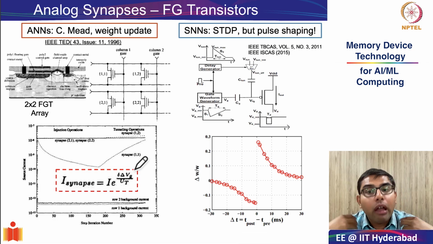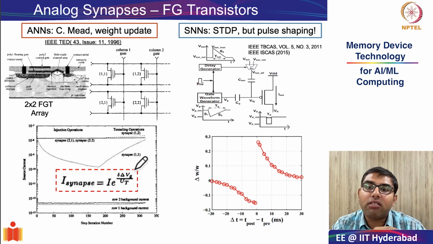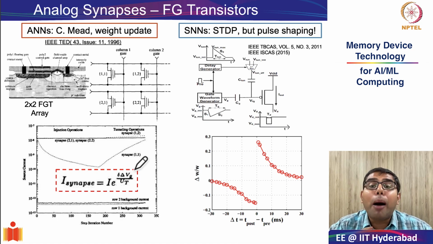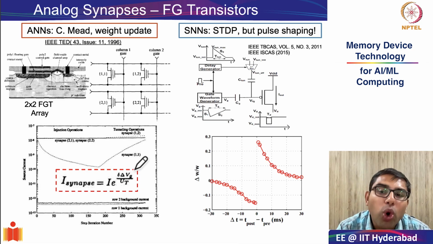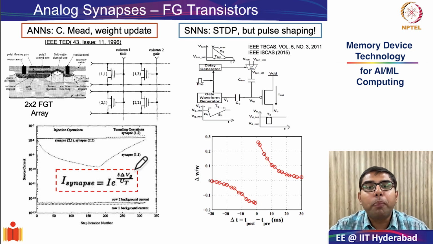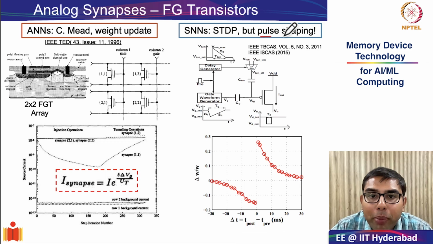This is because any solid state device, especially in this case a floating gate transistor, doesn't inherently understand timing or causality. It only responds to the voltages applied across the terminals. So to make it behave like a biological synapse, we need to somehow encode timing information into voltage pulses, and this process is known as pulse shaping.